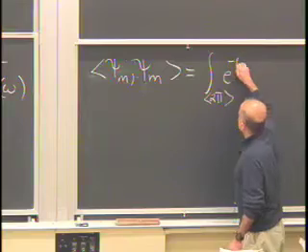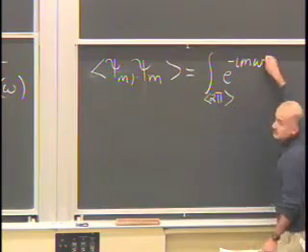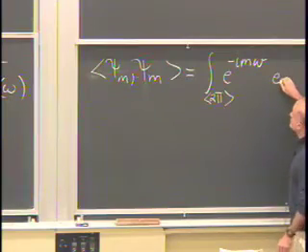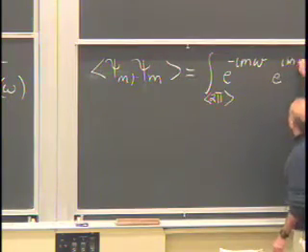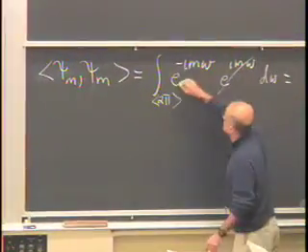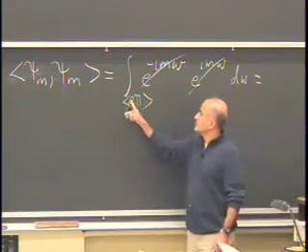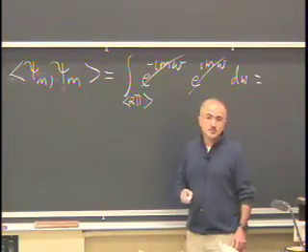Well, let's write it out. E to the minus I m omega times e to the I m omega d omega. And these two multiply to give you 1. What happens when I integrate 1 over an interval of length 2 pi? I get 2 pi.